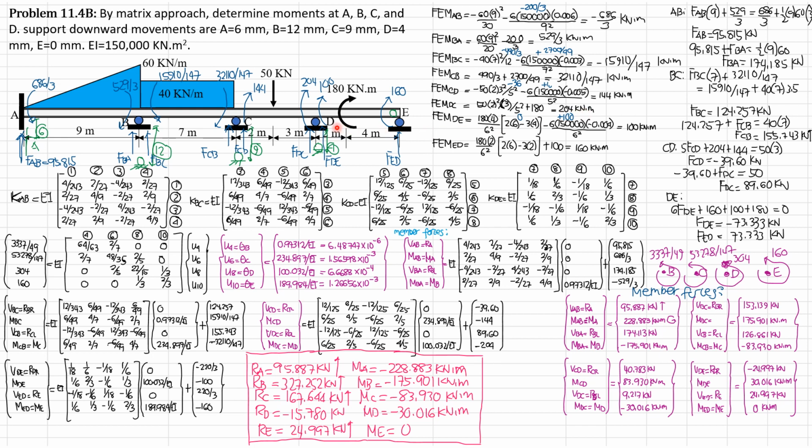Then fixed moment DE is due to the load. We do not anticipate the sign. We just evaluate using the formula. Moment is positive 180 because it is clockwise, B over L square, quantity 2L minus 3B. So this is 0 because 12 minus 12 is 0.